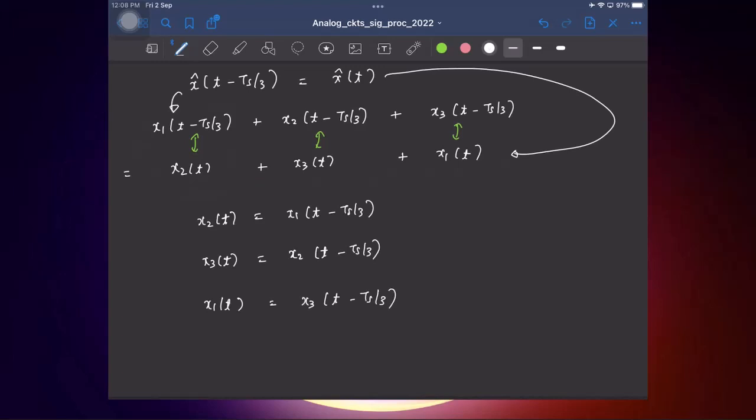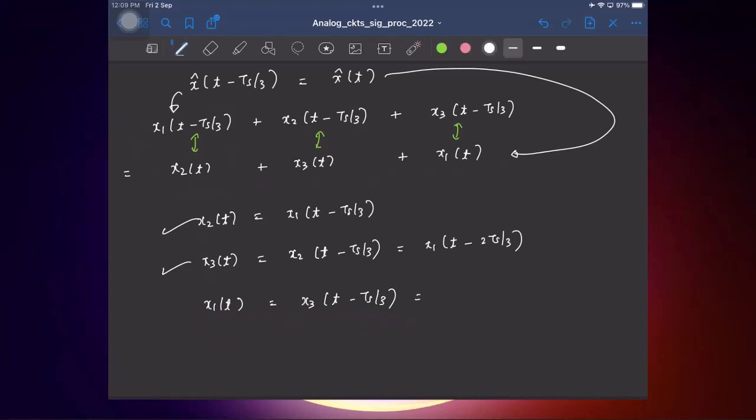So of course first is simple, we just make x2 to be a shifted version of x1. The second equation simply says x3 is a shifted version of x2, which means this is x1 of t minus 2ts by 3. So here we already have a relation between x3 and x1. So of course this must also satisfy it. Only then we have a consistent solution, else there's a contradiction.